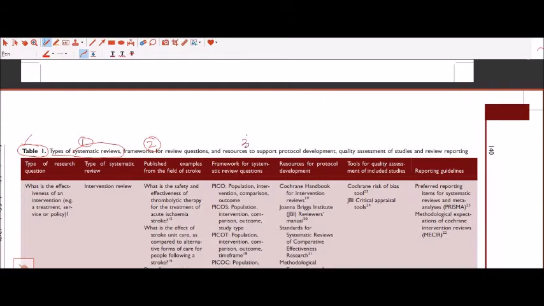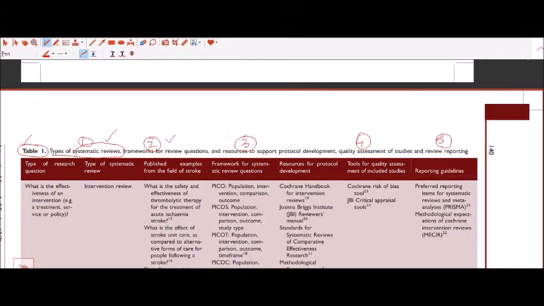Third is resources to support the protocol development. Fourth is quality assessment of the studies that are included or excluded. And fifth is the review reporting. Now for me, the most important would be the type of systematic review, the framework that is being used, and number 3, resources. No, I wanted the questions.